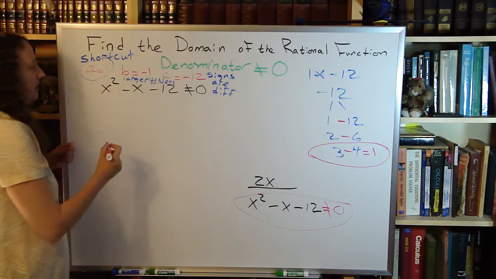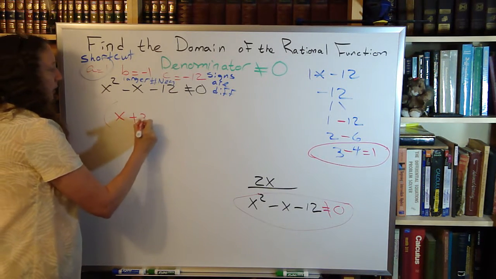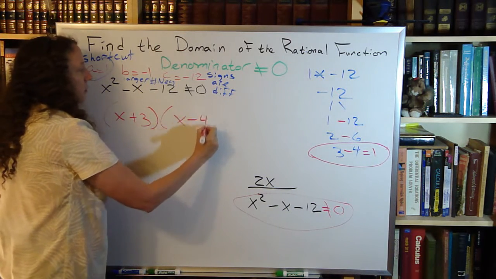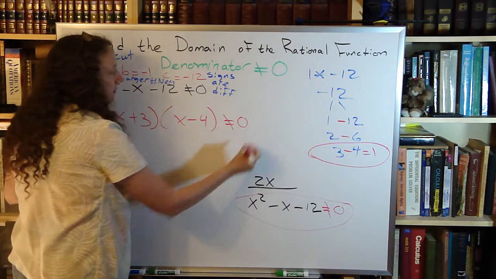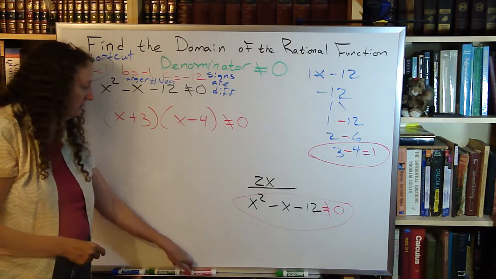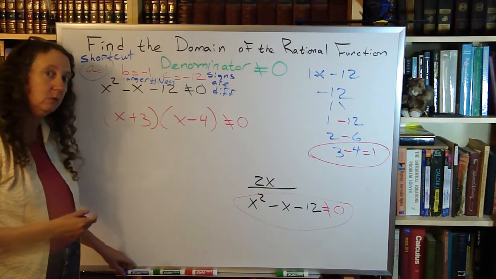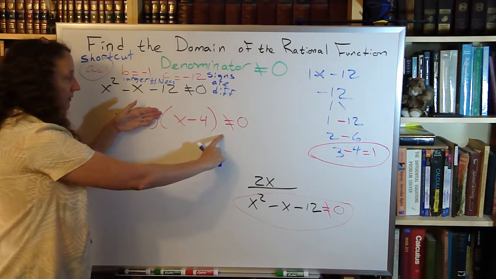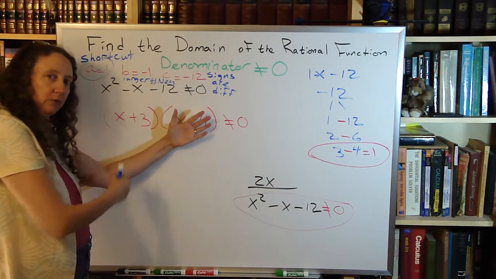So using my shortcut, I now get x plus 3 and x minus 4 does not equal 0. So just like when we were working with them where they did equal 0, we split it up into the two parts and say that does not equal 0 and that does not equal 0.